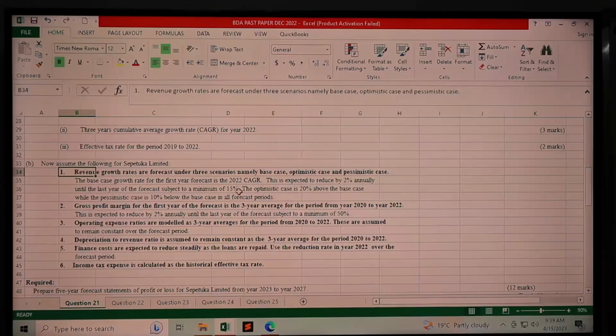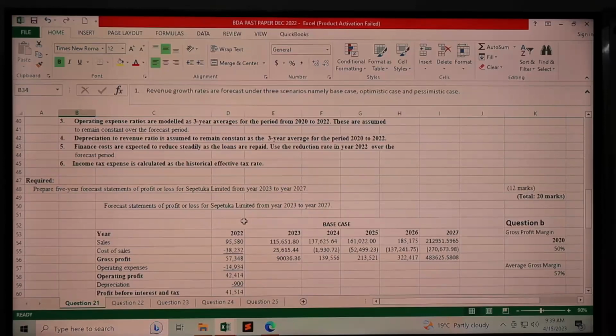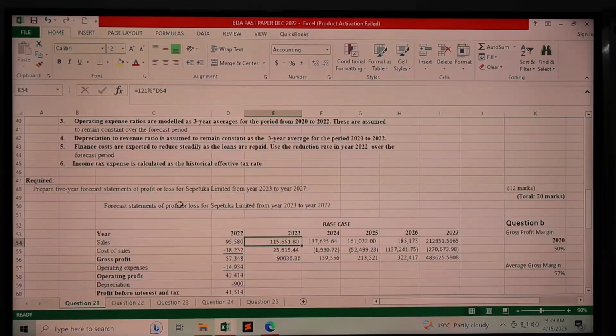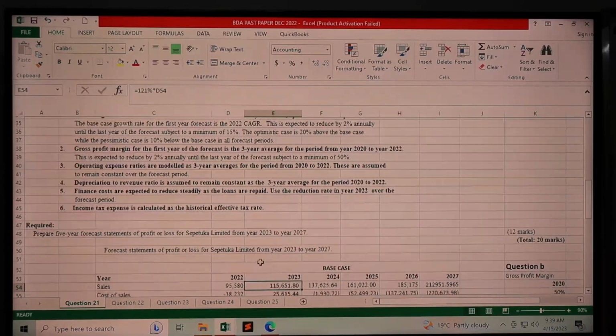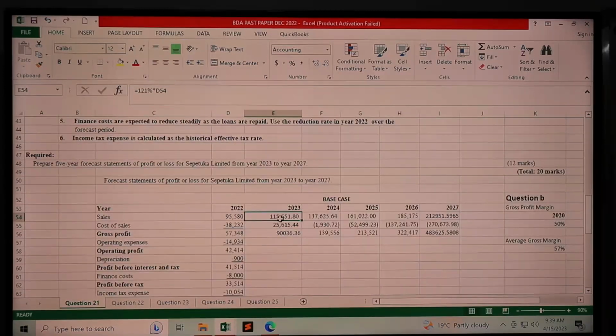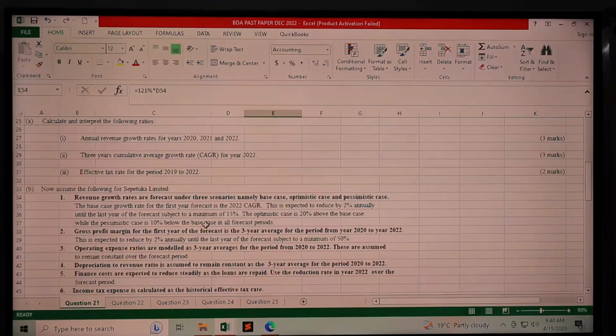So for 2023, you're supposed to use 21% because that is the growth rate. And that is for the base case. So you can even now compute for that. That is 121% of this, and it will give us the amount we have seen here. That is for 2023. But the question is not over.